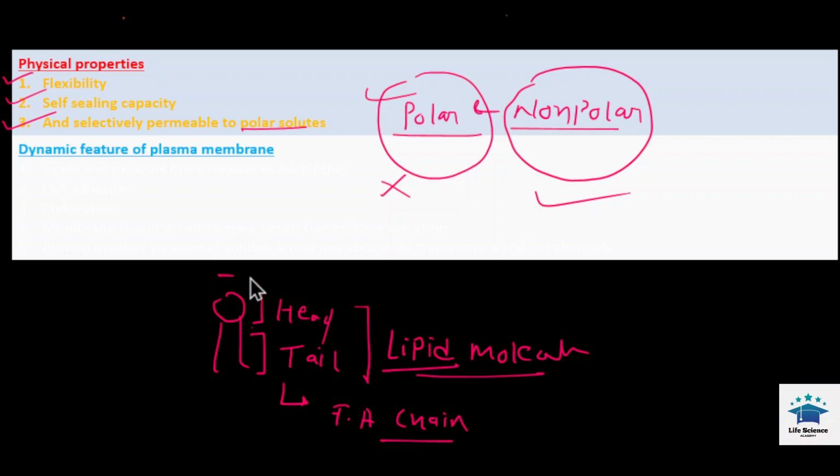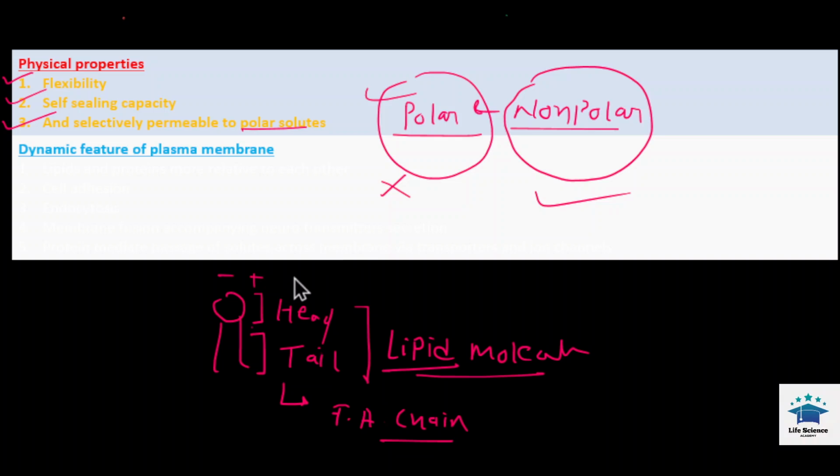It may be negative or positive, like phosphatidylserine and phosphatidylethanolamines. Some phospholipids are charged, so in that head region charge is also present.